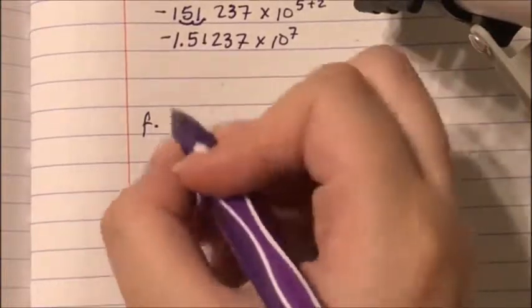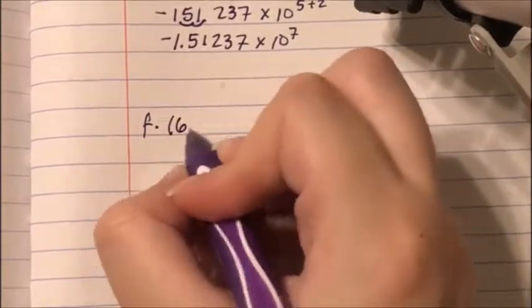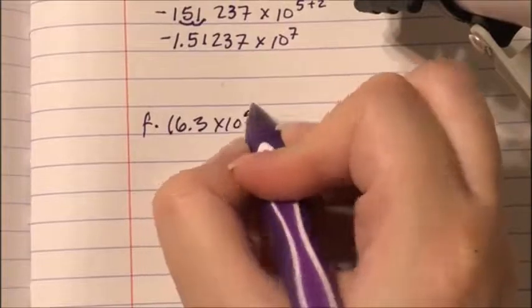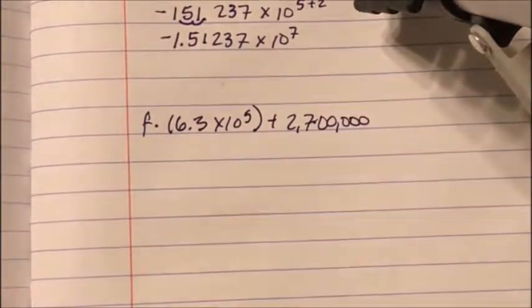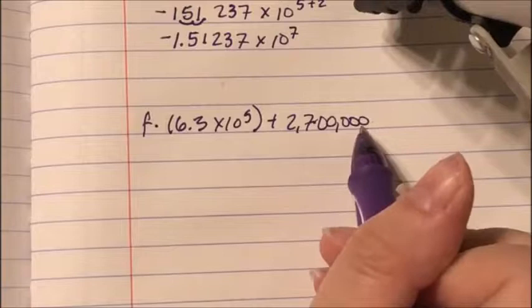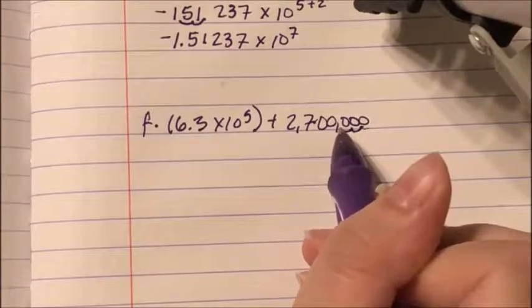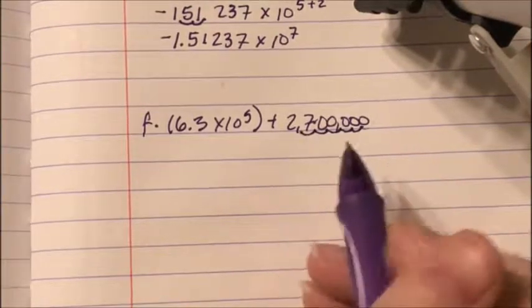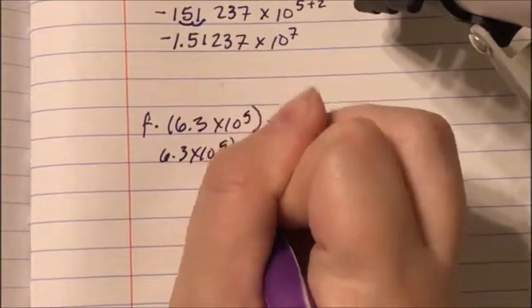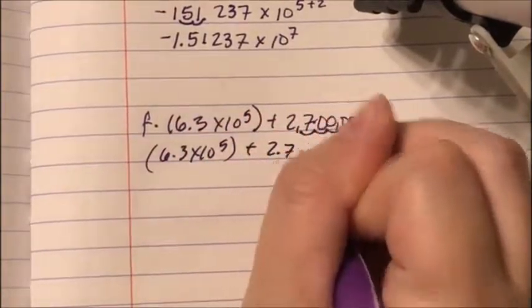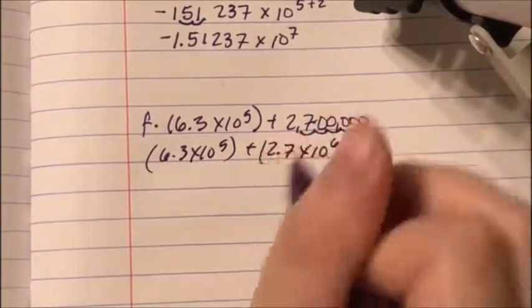So I have F. I'm going to rewrite my problem. I want to change 2,700,000 so it's in scientific notation. So I go 1, 2, 3, 4, 5, 6 decimal places. So that's 6.3 times 10 to the 5th plus 2.7 times 10 to the 6th.